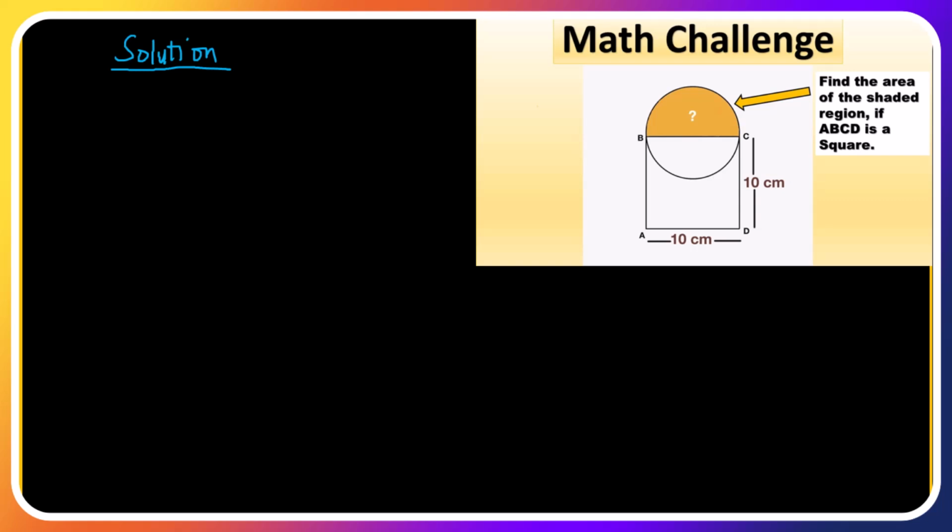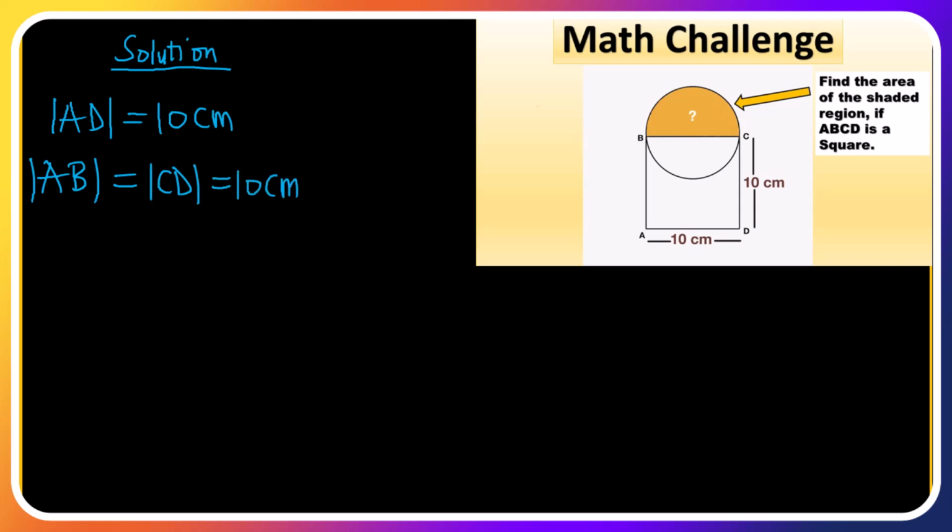Bottom length AD equals 10 centimeters. Side length AB is equal to BC and CD, which is also equal to 10 centimeters.